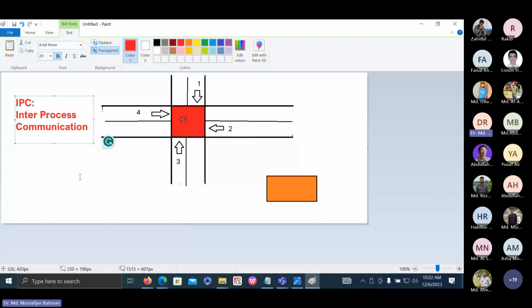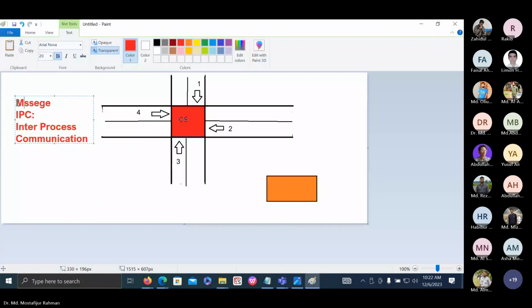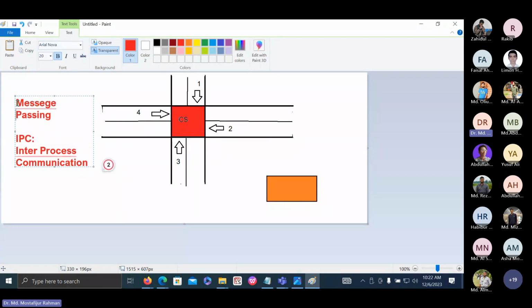We can use message passing for inter-process communication.